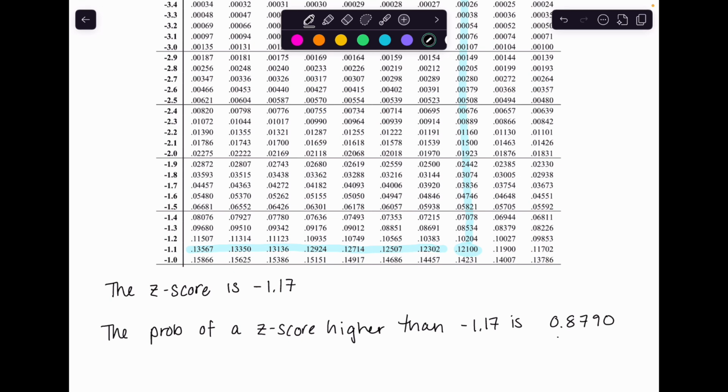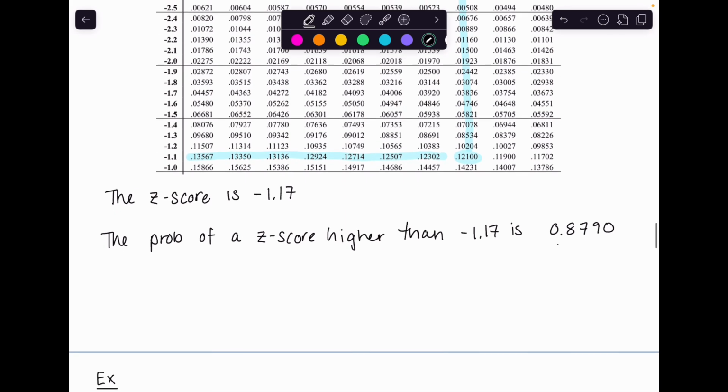So this shows you how to find the Z-score, but again, more frequently, we're going to be concerned with, if I have this Z-score, that tells me how many standard deviations I am from the mean, what percentage of people are less than that, what percentage of people are greater than that, and also if I have two different Z-scores, what percentage are in between. So that last example we're going to do is really going to tie all of those pieces together.